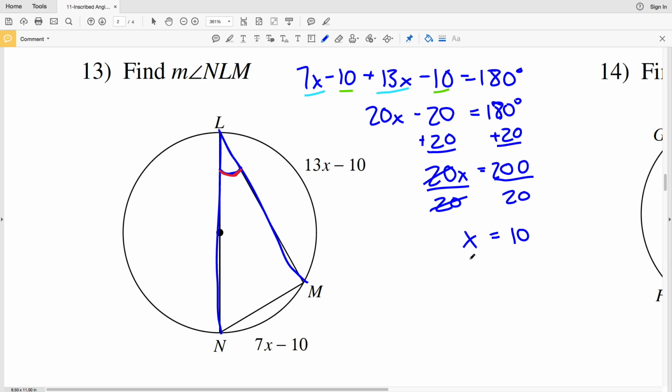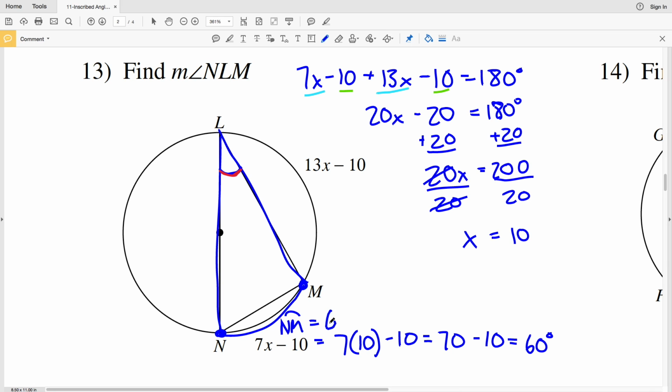So if x is 10, and I need to solve for the measure of angle NLM, I'll first solve for that intercepted arc NM. So if 7x minus 10 is arc length NM, then I'll plug 10 in for x to get 7 times 10 minus 10, which is 70 minus 10. So 60 degrees is that arc length NM.